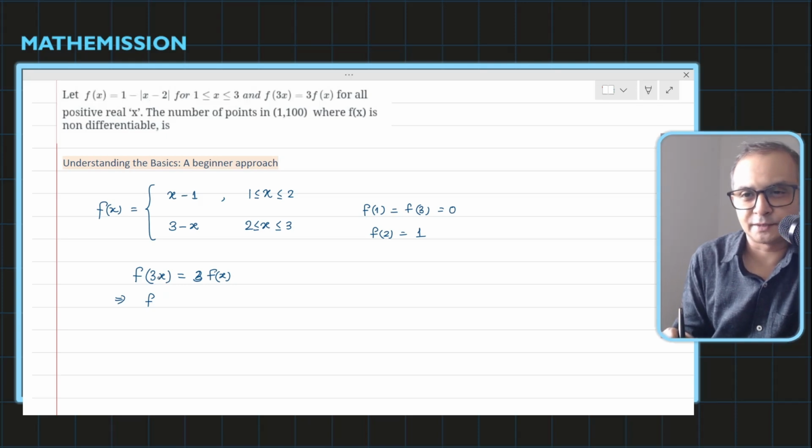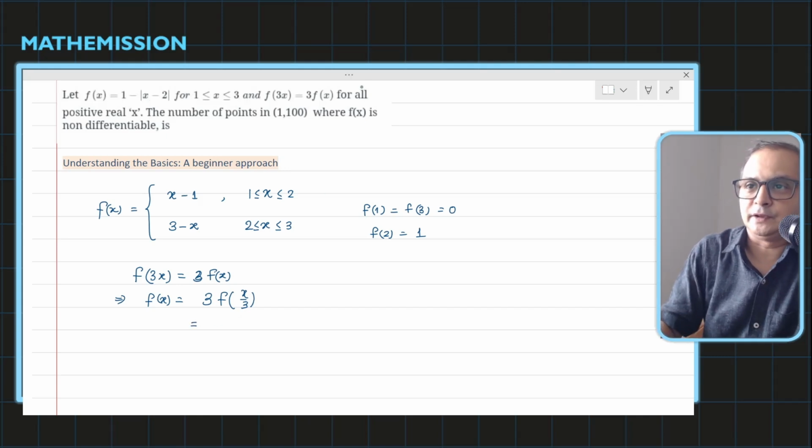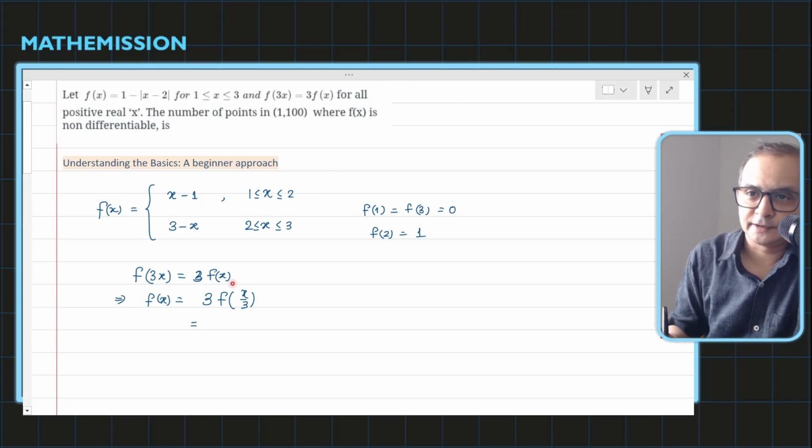So how can we build? Suppose I'm substituting x by x/3 there. It means on the right hand side, in place of x, it should be x/3. Again, I can use this f(x/3) as f(3x) form.